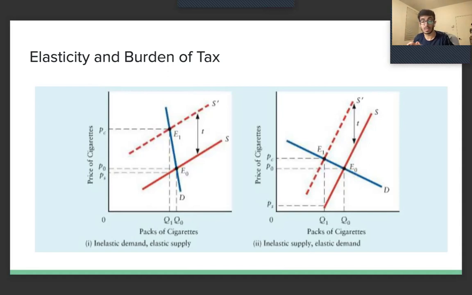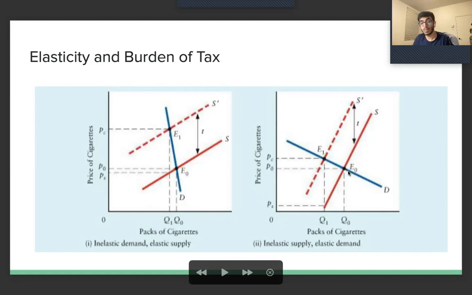And we give the suppliers a smaller burden because we know that the supply is elastic. So the suppliers might react drastically by changing their quantity supplied by a larger amount. Hence, in this case, we have a larger burden to the consumers and a smaller burden to the suppliers.